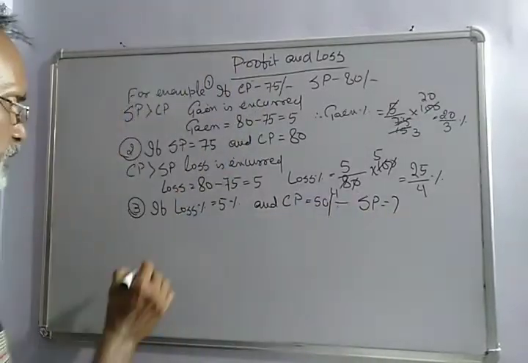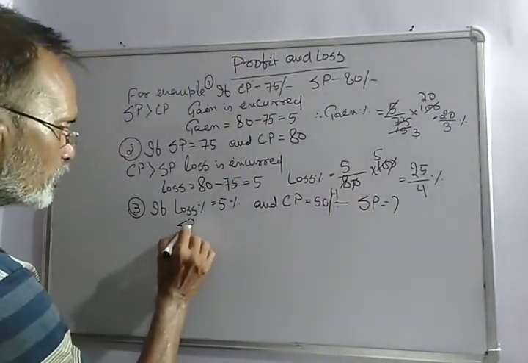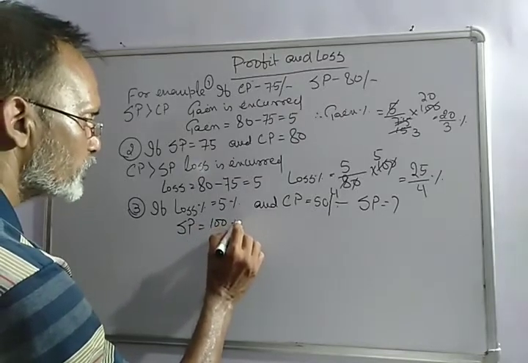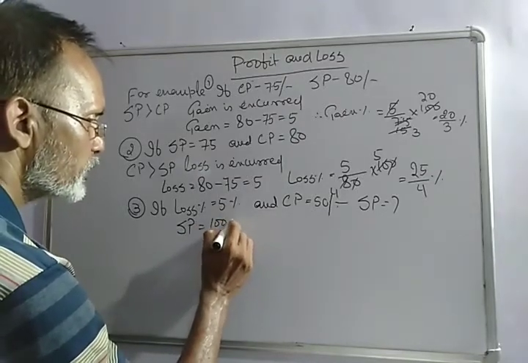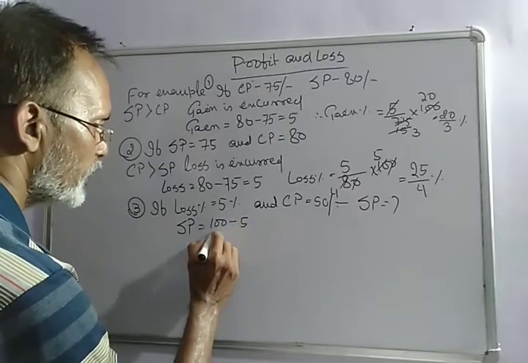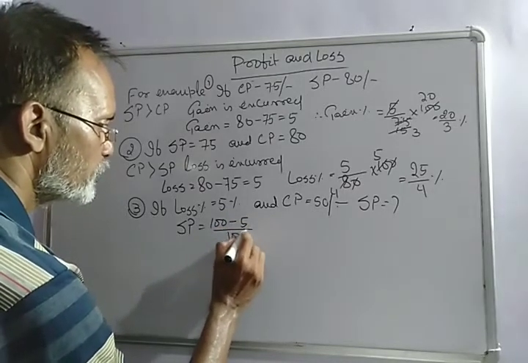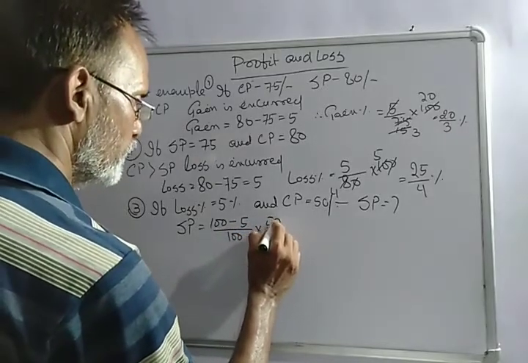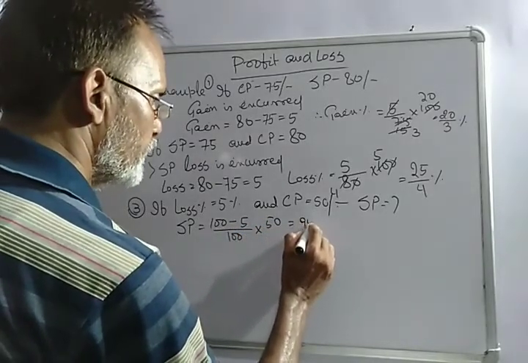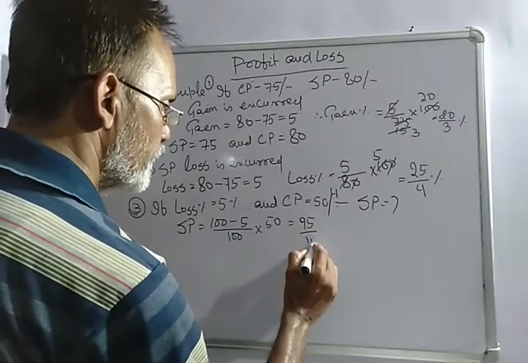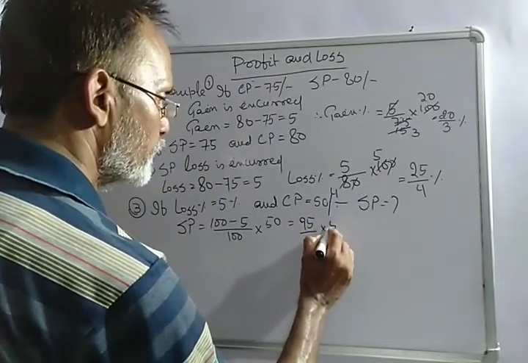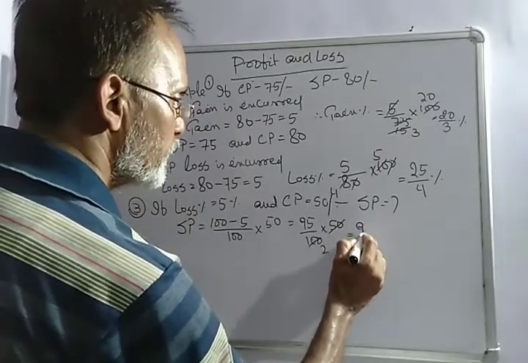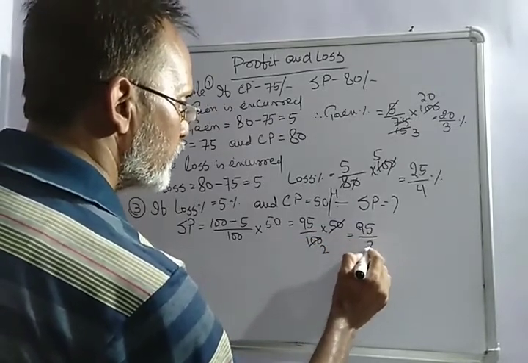Then what happens? SP is equal to 100 minus loss percentage by 100 into 50. So this is equal to 95 by 100 into 50. So SP is 95 by 2 rupees.